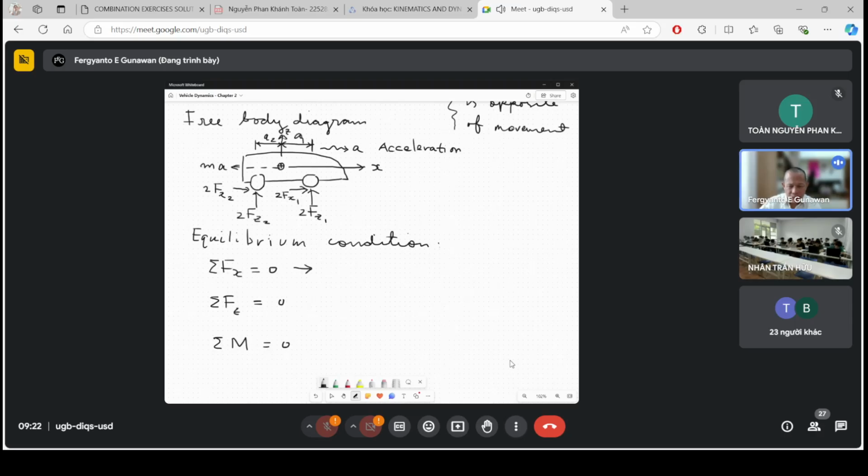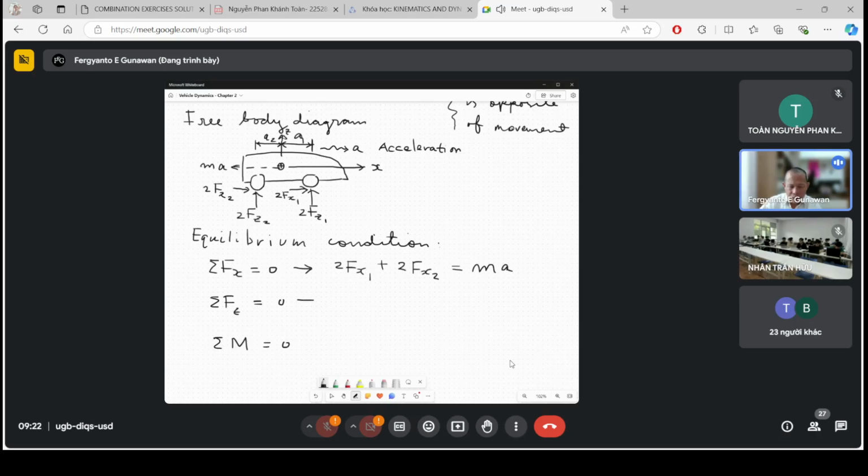Now this one gives us that 2 Fx1 plus 2 Fx2 should be equal to the inertia force, right?